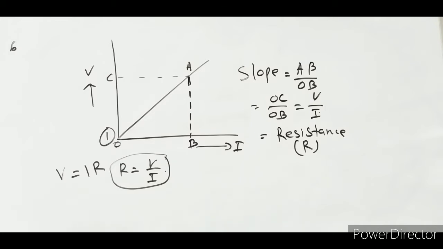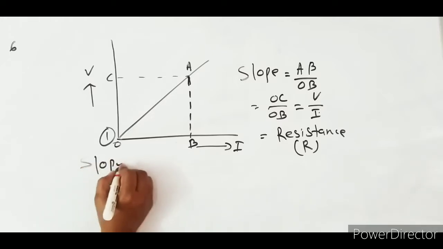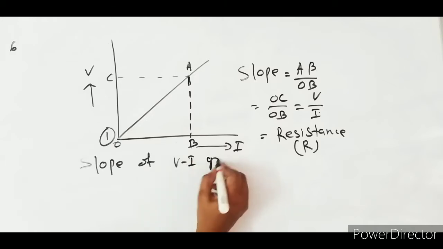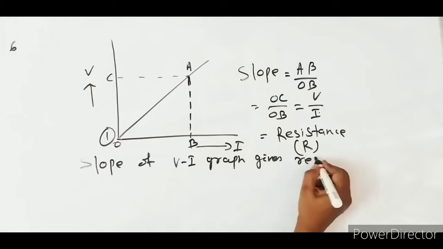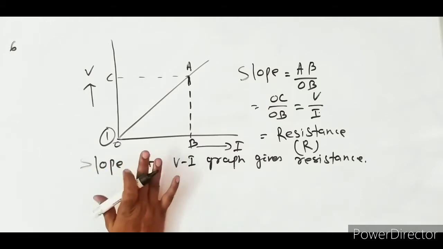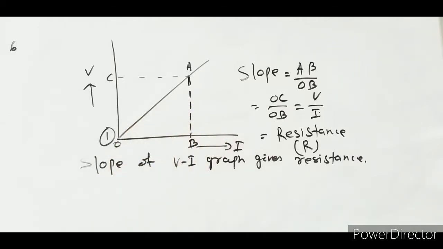So we can write: the slope of the VI graph gives resistance. For the time being, you only remember this much. When we proceed with resistance, automatically we will get more things from it.